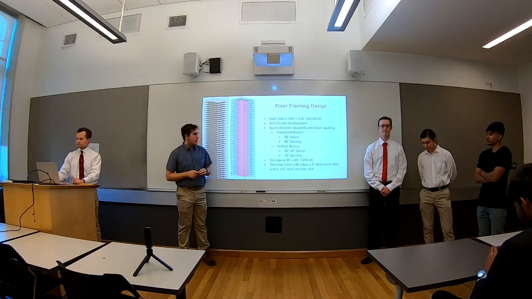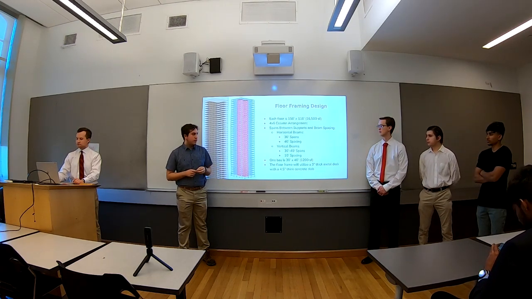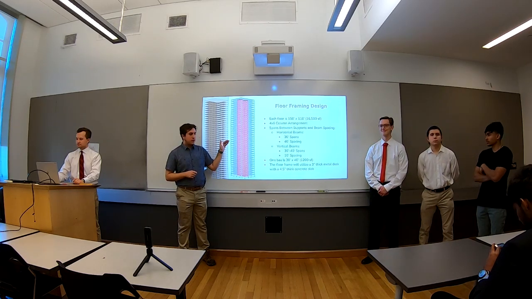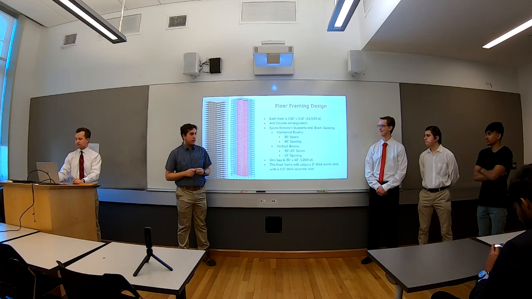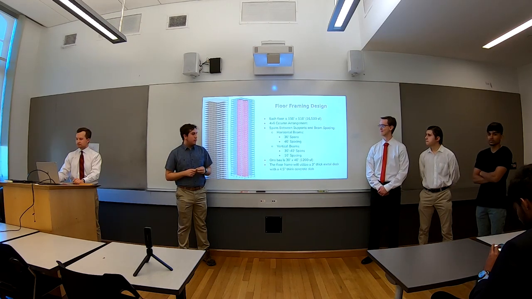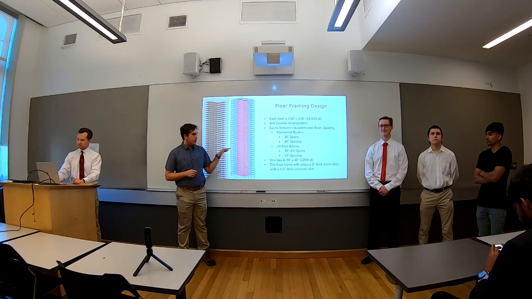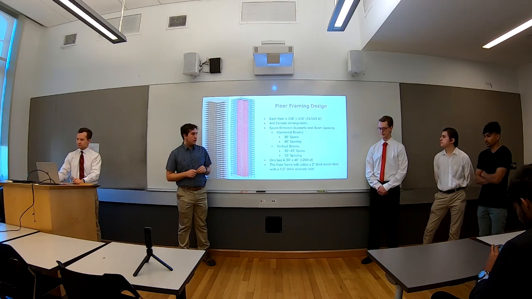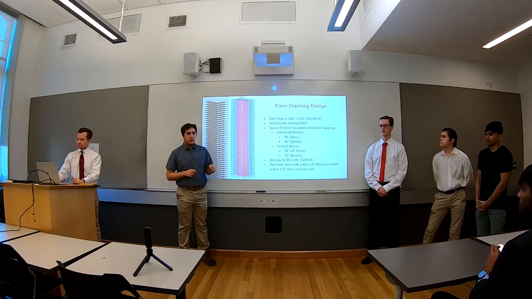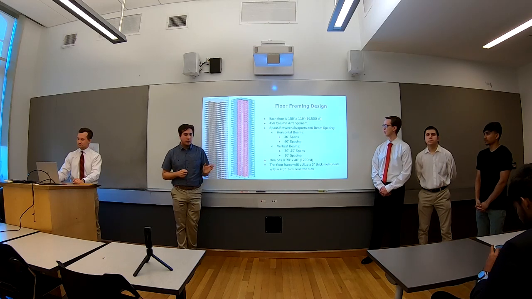For all vertical beams, 30 to 40 foot, and then 10 foot. Each of the individual bays is roughly 30 by 40 feet. For the slabs and decks, a 3-inch metal deck and then a 4.5-inch concrete slab.